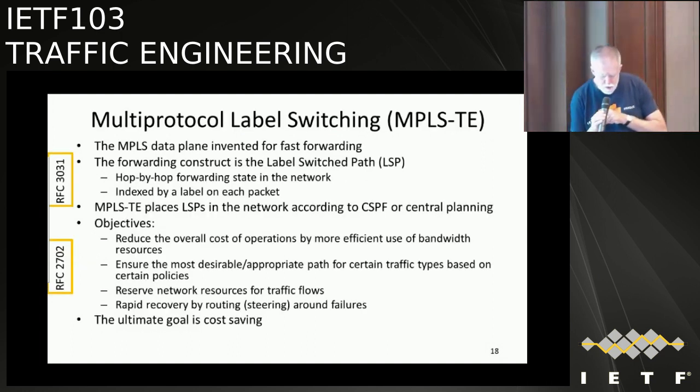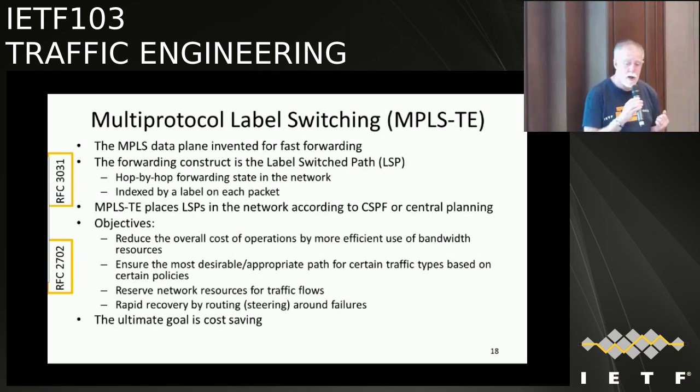So the MPLS data plane has its origins in a belief that we couldn't do sufficient IP address lookup at line speed, which has turned out to be a false assumption. We're perfectly happy to forward IP traffic at ridiculous line speeds because the silicon got much better. But along the way, some other uses for MPLS came along that were pretty handy.